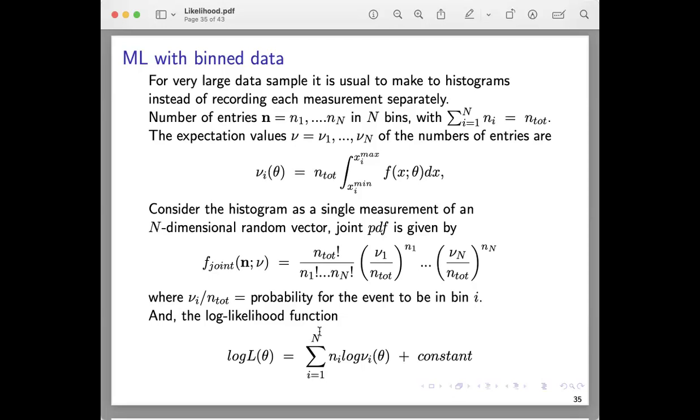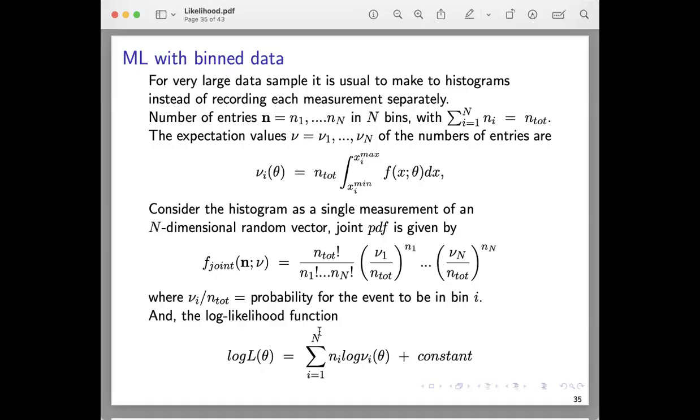So suppose that we have some n number of events, and we made a histogram of n bins. The individual numbers in each bin correspond to n1 to nn, depending on the number of bins, and the sum over these bins is n total.